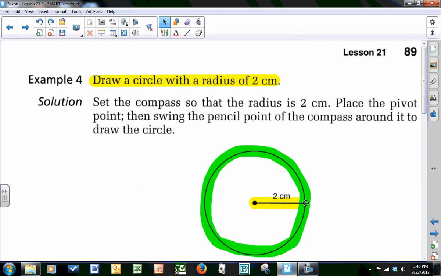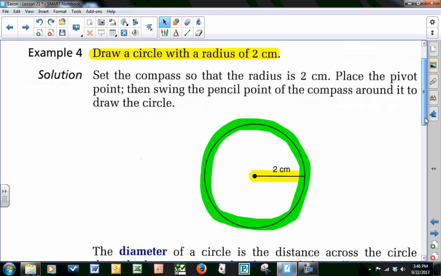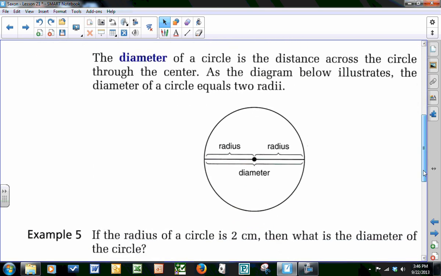of 2 centimeters. Now another geometric term I want you to learn is diameter. The diameter of a circle is the distance across the entire circle, straight through the center. So let's draw our line right here.